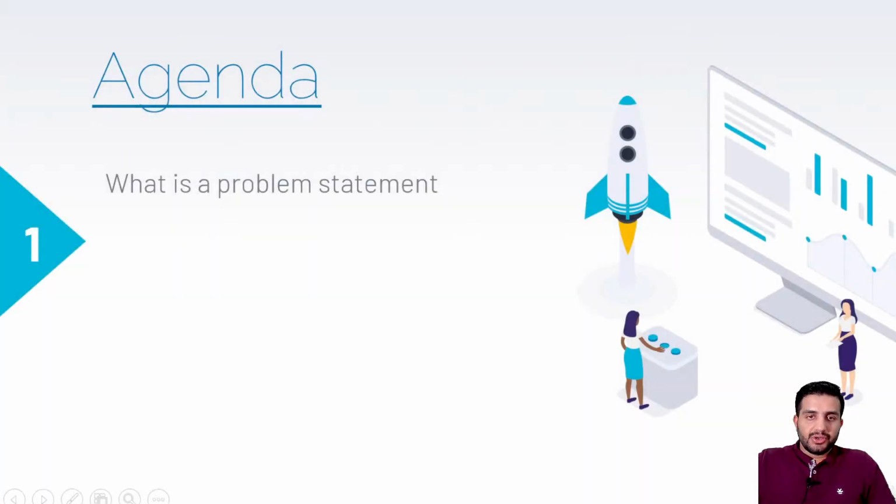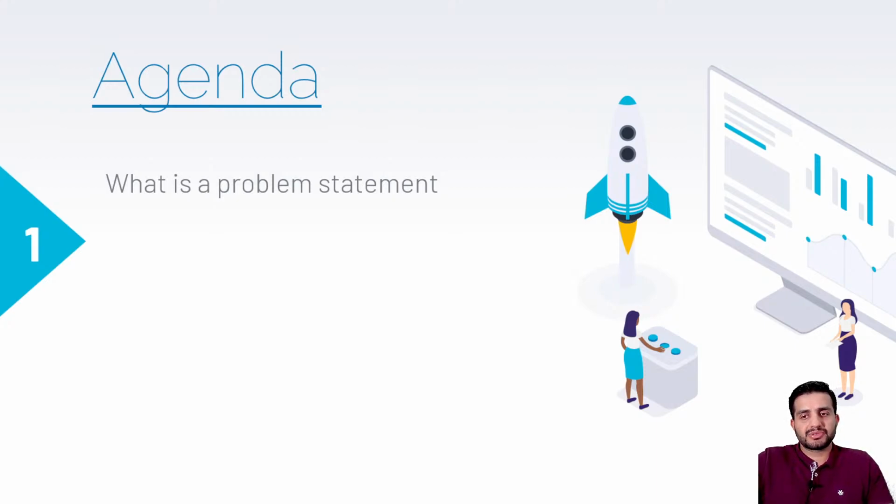Okay, so now let's move towards the main agenda for today's class, which is the problem statement. We will be understanding what exactly we mean by a problem statement. When I say a problem statement, what comes to your mind? We say, I'm trying to help a bank identify the people who are going to default on loan EMI payments.